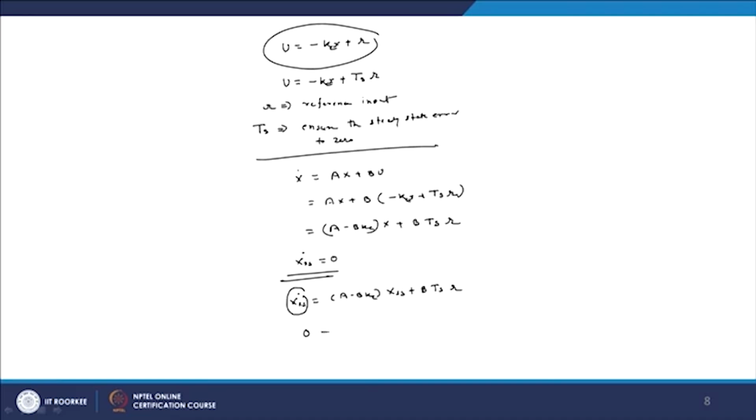So, this equation can be written as A minus B into Kc xss plus B into Ts into R. Now we have to solve this equation and see the result.